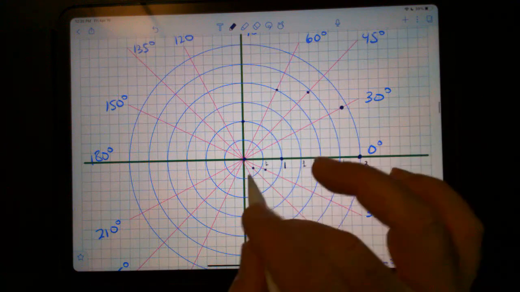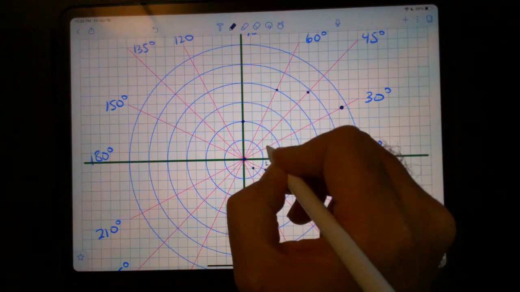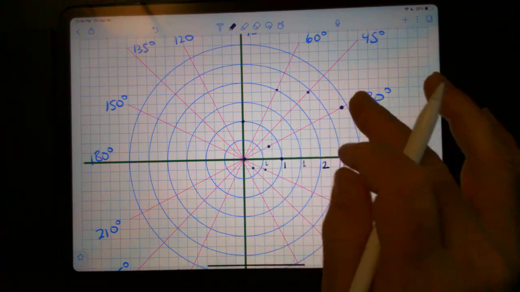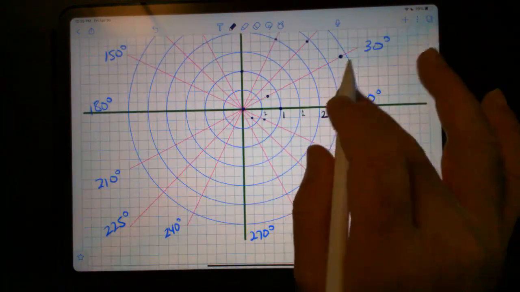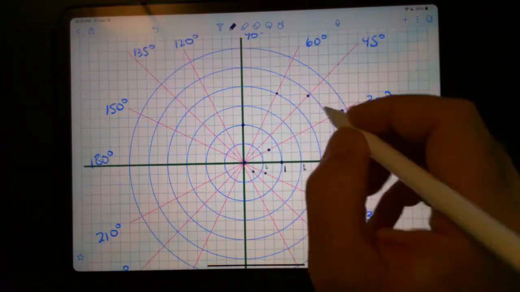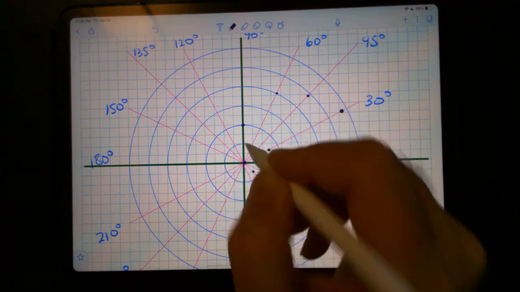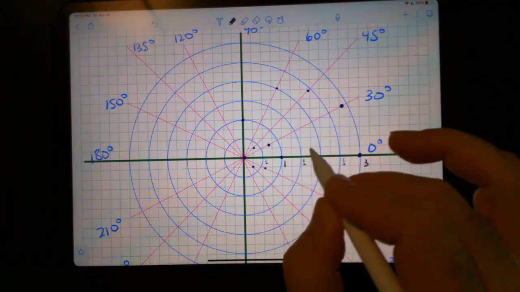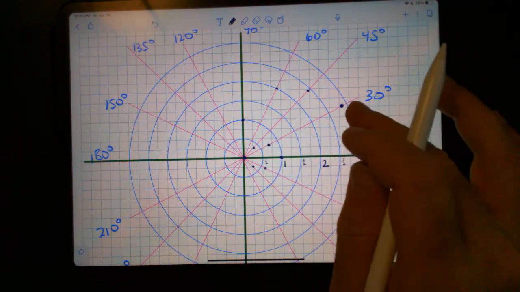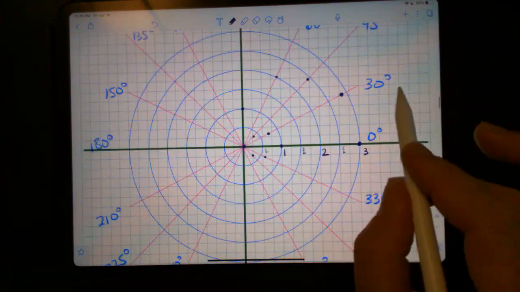Seven pi over 6, 0.73. 5 pi over 4, 0.41. 4 pi over 3 is 0.